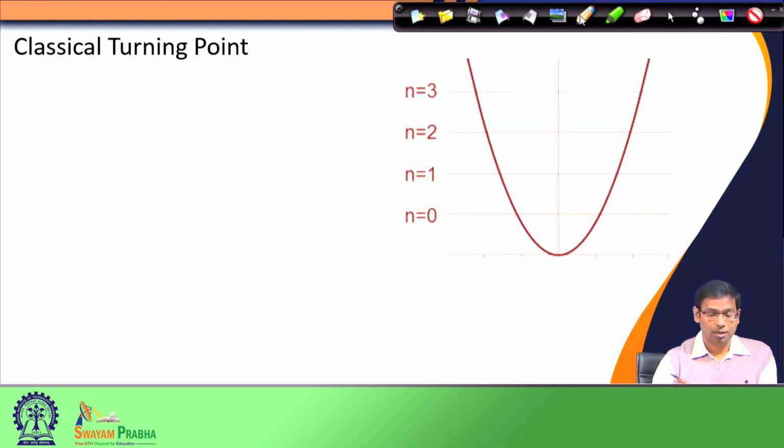Another point is what is known as the classical turning point. If you remember, before we discussed the quantum mechanical harmonic oscillator, we briefly discussed the classical harmonic oscillator.